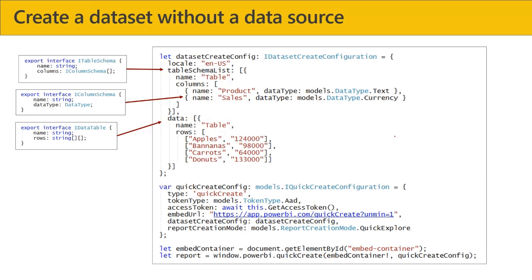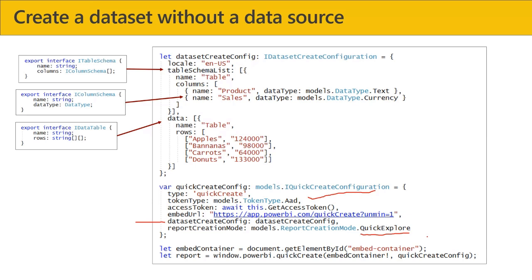Now, down below, let's look at the code that does the quick create config. What you can see is we have a data set create config, which is what we've created above. And then we have these two different modes. If report creation mode equals default, it just opens up a report, a blank page, and then it's typical Power BI report design with a blank canvas to start.